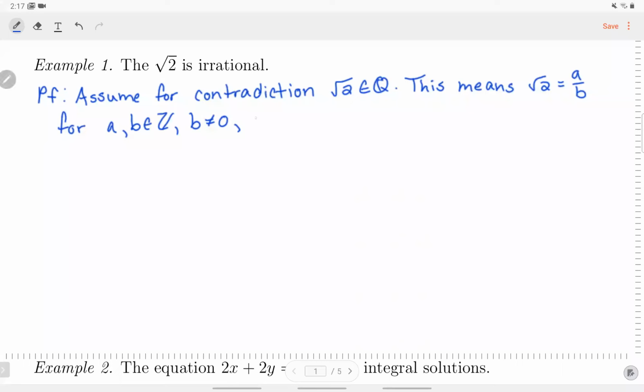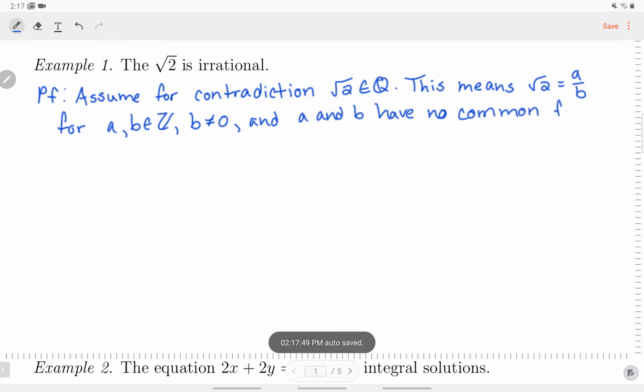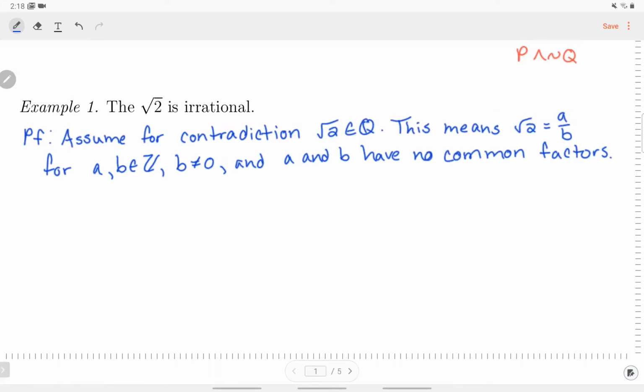So we'll say a and b are integers, b is not 0, and a and b have no common factors.